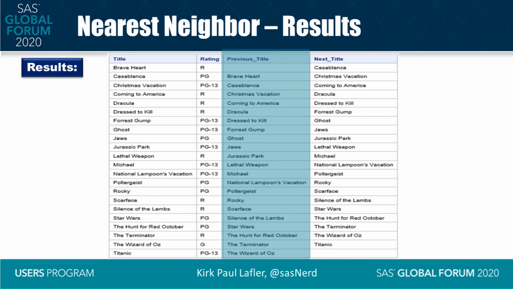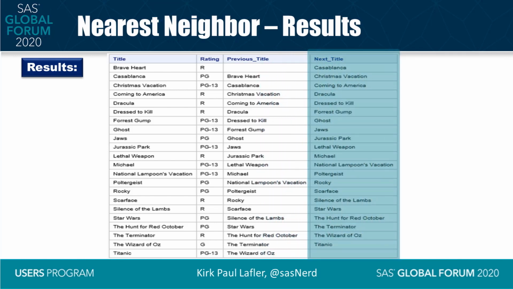Now let's take a look at the row Casablanca. The previous title says Braveheart. If you go to the first row, you see Braveheart. If you go to the next title, it says Christmas Vacation. Go to row 3. There's Christmas Vacation. So the emulated approach to the nearest neighbor within SQL seems to be working.